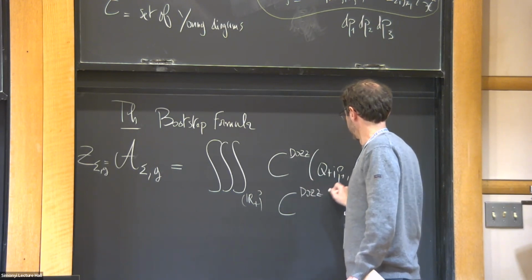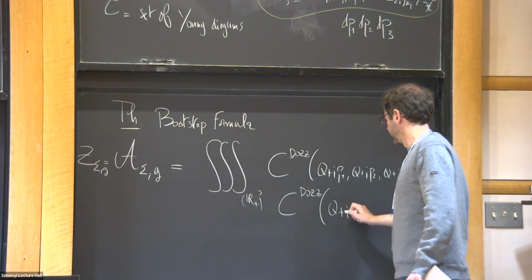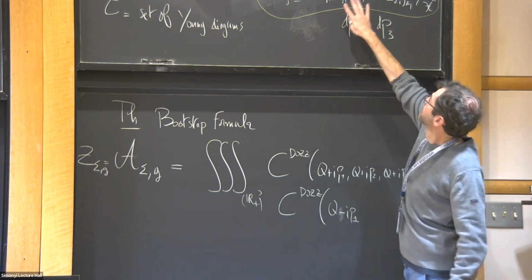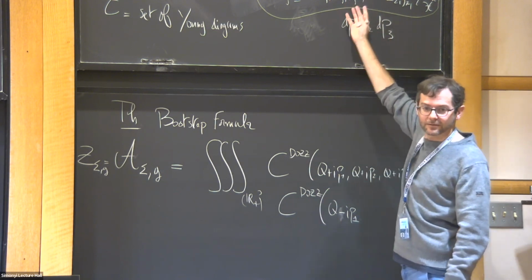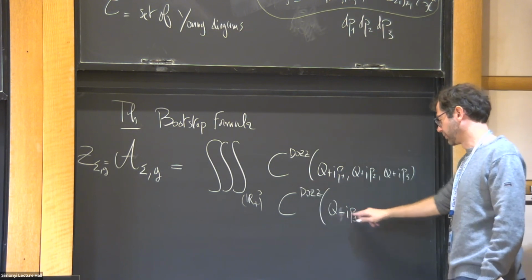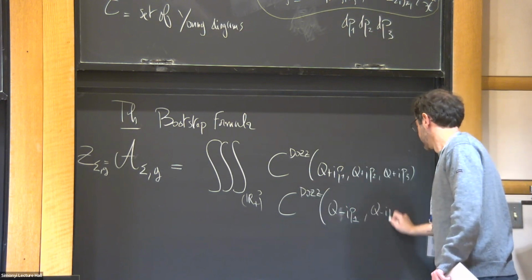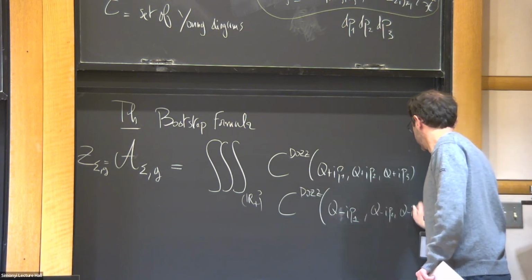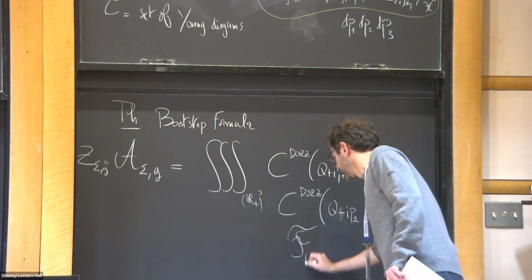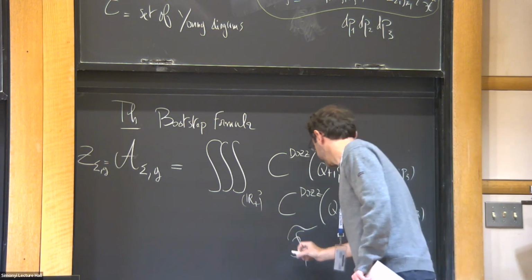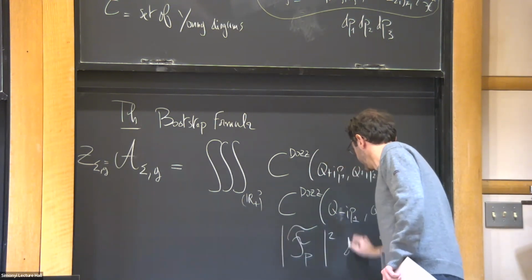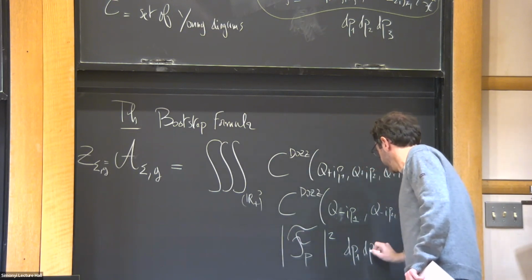Here you get the same thing, but with a minus, because for the scalar product, it's a bar. And when you take the bar of those, it's like taking q minus. Times some coefficient FP to the square, dp1, dp2, dp3.